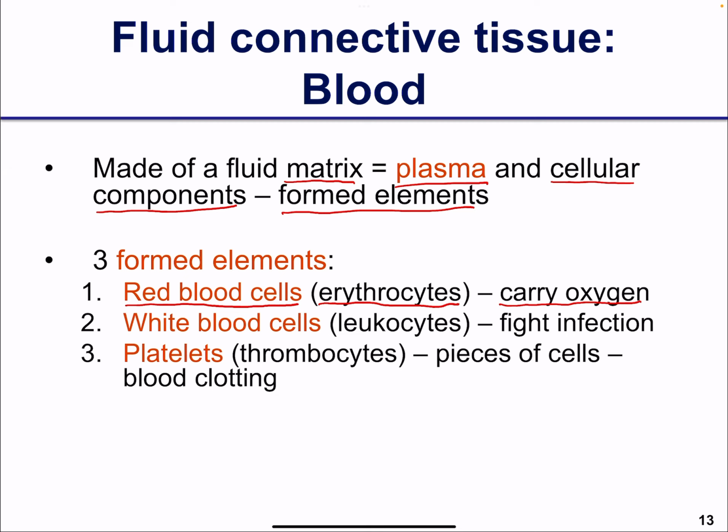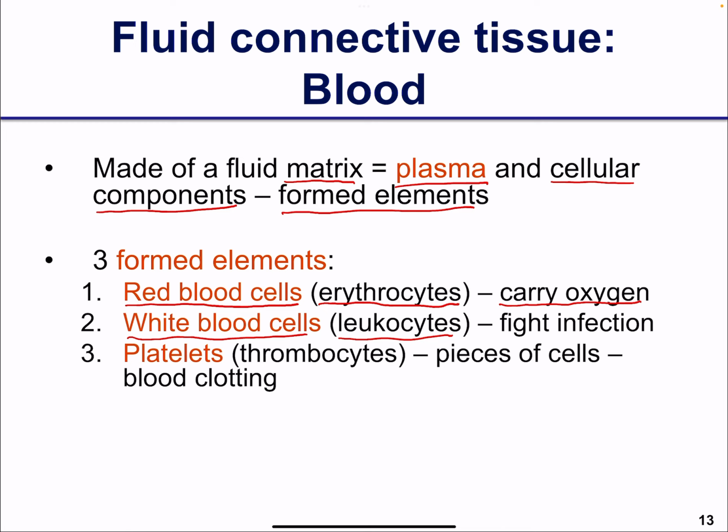That's one. Two, another cellular component in formed elements is the white blood cell, also called leukocyte. I also expect you to know that. The leukocytes, or white blood cells, are responsible for fighting infections in your body.